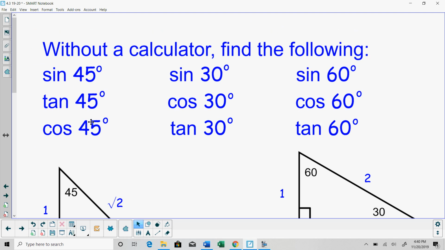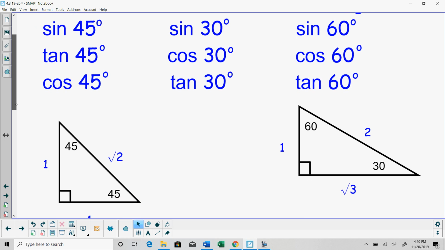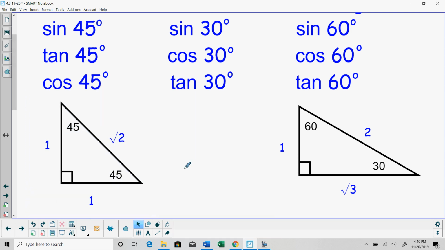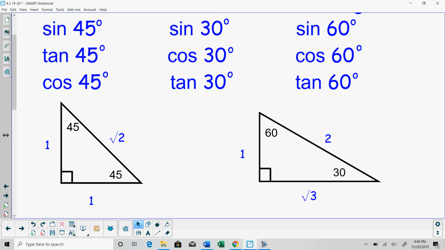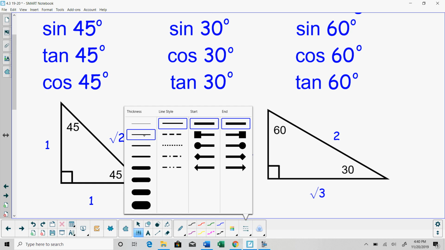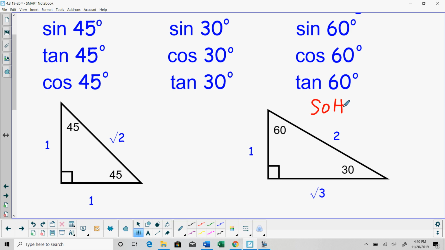I have our sketch of a 45-45 right triangle to help us, and one of our 30-60-90 triangle. And again, we are going to use SOHCAHTOA for both of these triangles to answer all of these questions.